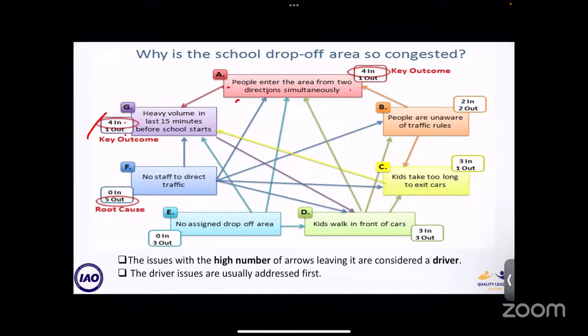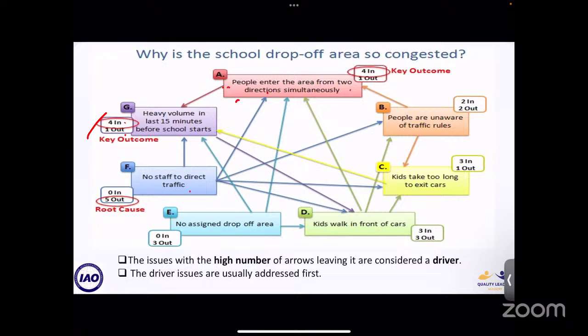So these are the four other problems caused by this heavy volume in the last 15 minutes. Understood? For example, again, if a problem has zero in and five out, no staff to direct the traffic, it means this problem was not caused by anything else, but it has led to five other issues, where the arrow is pointing outwards.